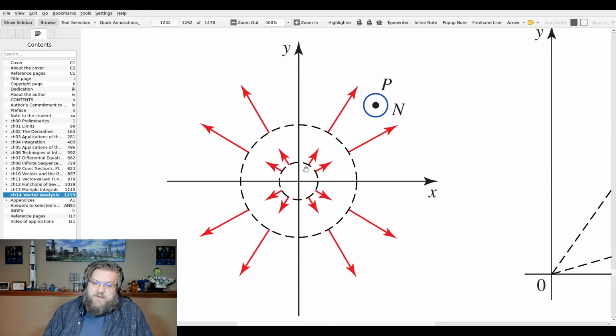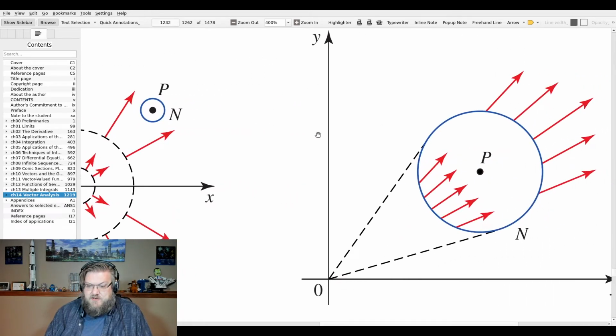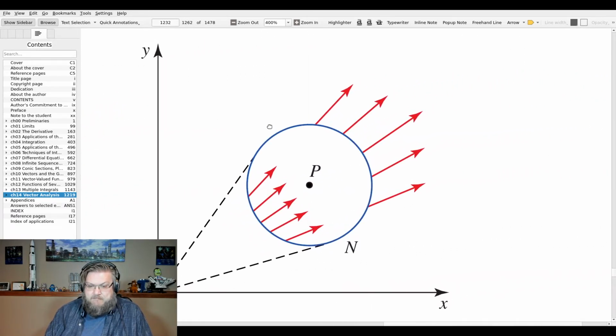So now imagine flow starting off slow and then picking up force or speed. And it hits this paddle wheel. Does it rotate? What's your opinion on that? Does this cause rotation?